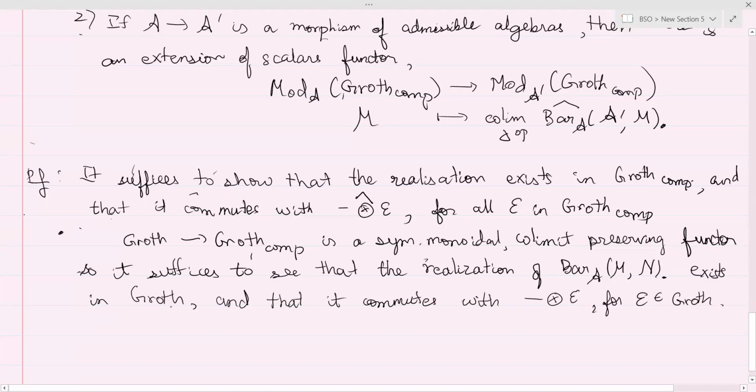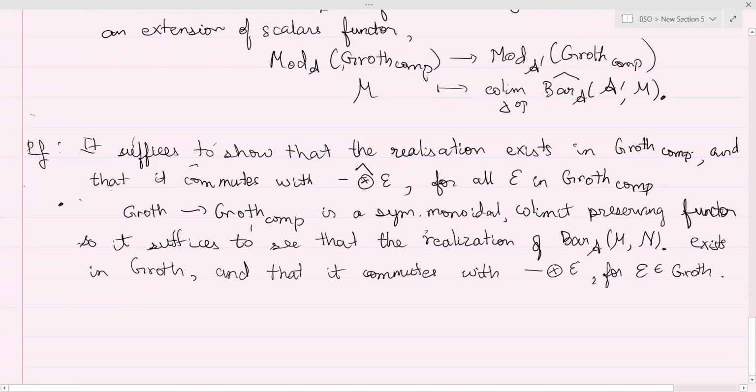But this is where our previous corollary comes in: all the transition maps, so all the face maps of the bar complex, are almost compact.